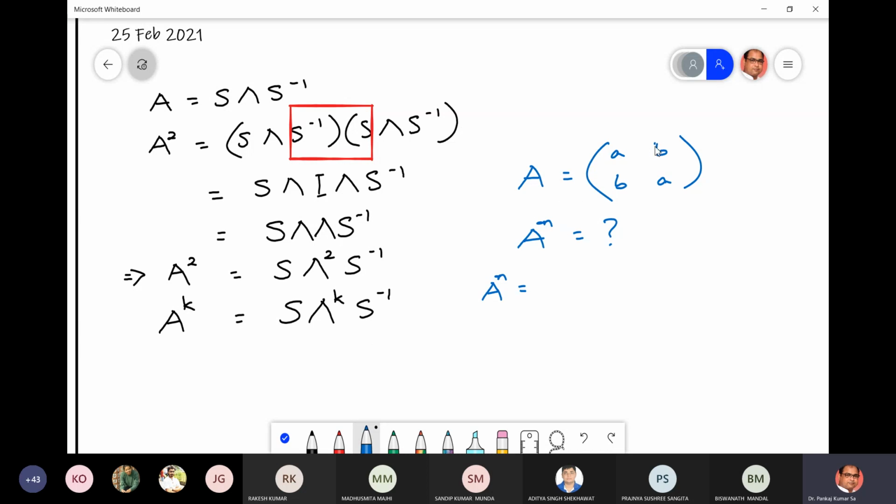So what are the eigenvalues of this particular matrix A B, B A? Can you find that out?